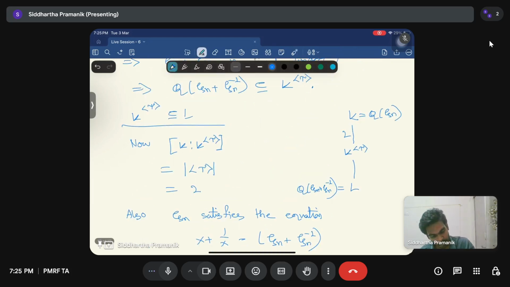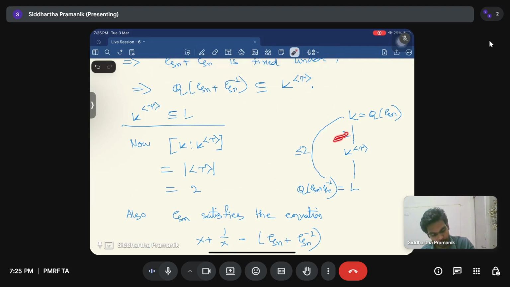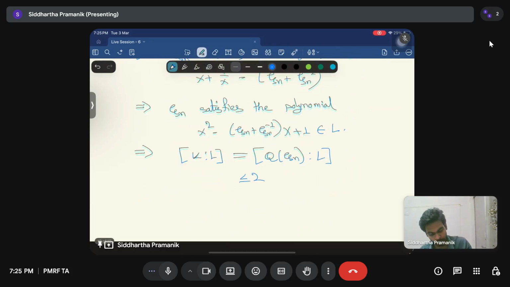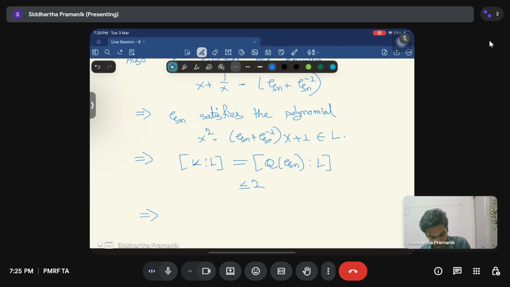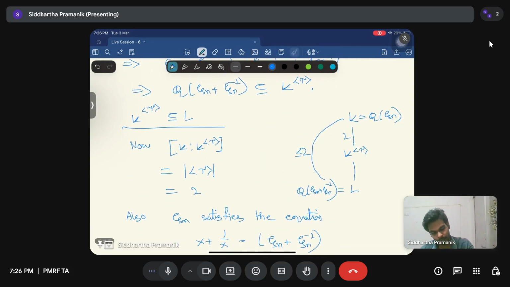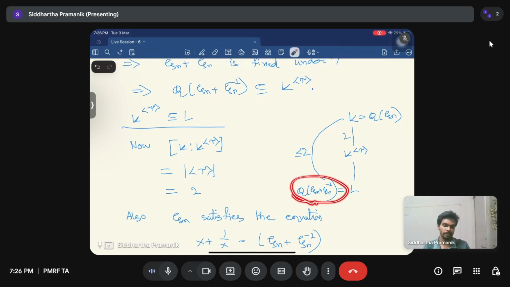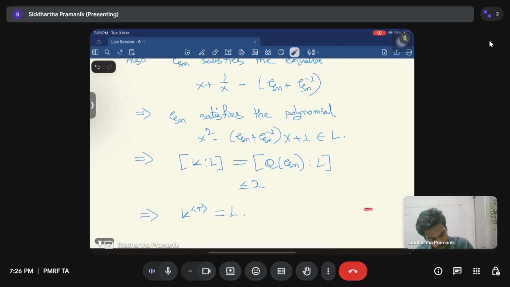So this is less than or equal to 2 and this is already 2, so K has to be equal to L. So this implies the fixed field of tau has to be equal to L. So this field is the maximal real subfield of the nth cyclotomic field. So this is what we wanted.